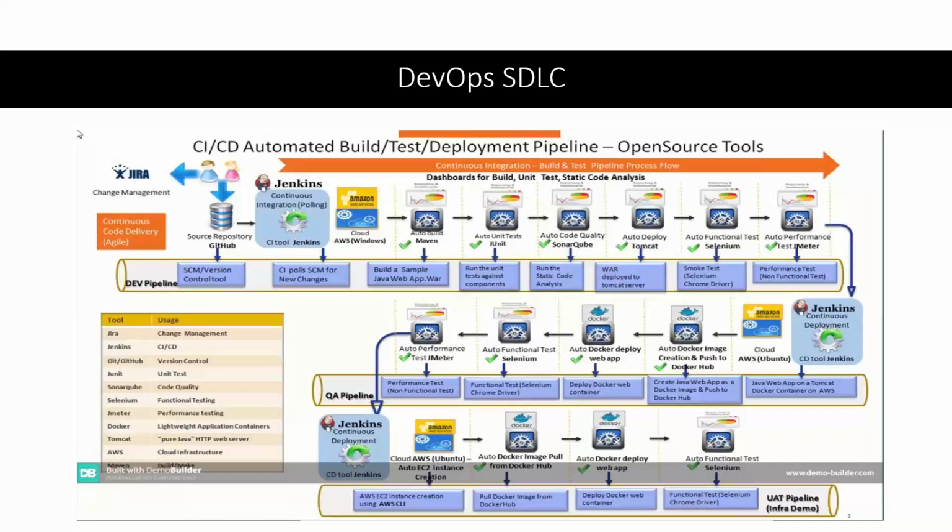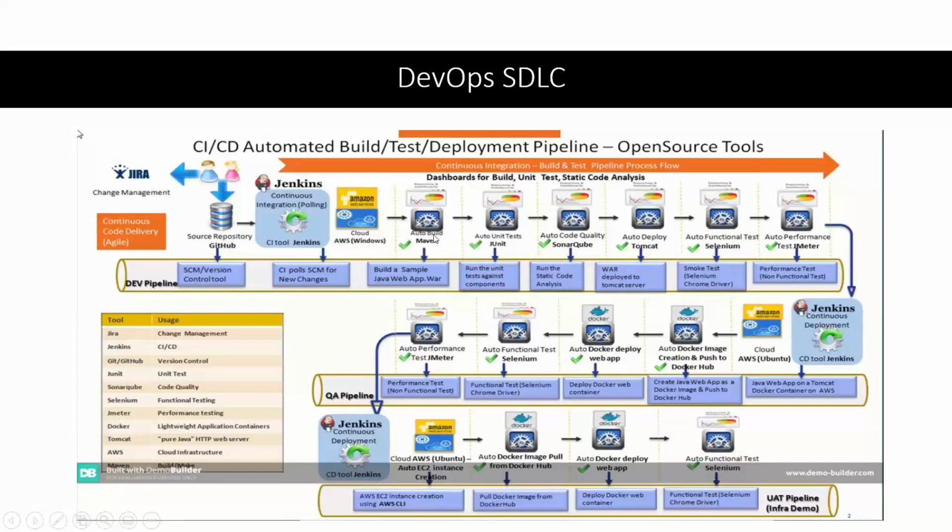So for each set there are actually pipelines: dev pipeline, QA pipeline, and UAT pipeline, right? You take one dev pipeline: Jira is integrated, the source repository is GitHub here, and Jenkins is being used, and AWS, we discussed about this. For the timing, just ignore this one.